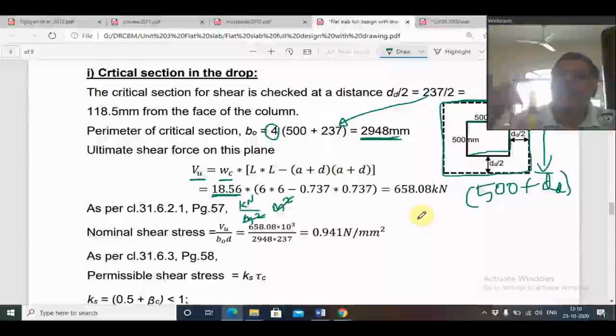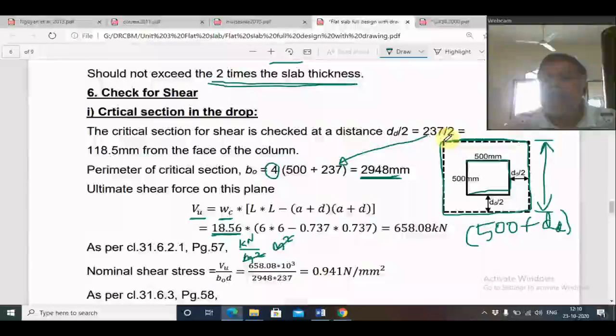Similarly on all the sides. So the total load coming to this column in one direction is 6 meter, the other direction is again 6 meter. Therefore the total load is 6 by 6. So 18.56 into 6 by 6 will give the total load. But the resistance will be along the perimeter.